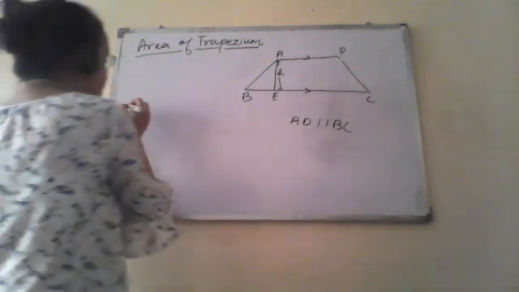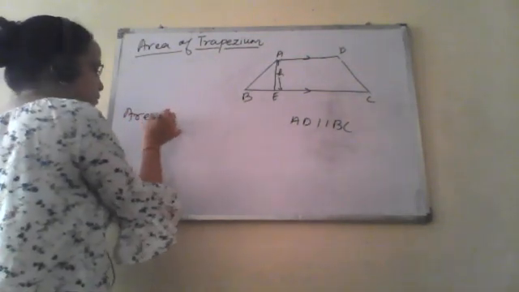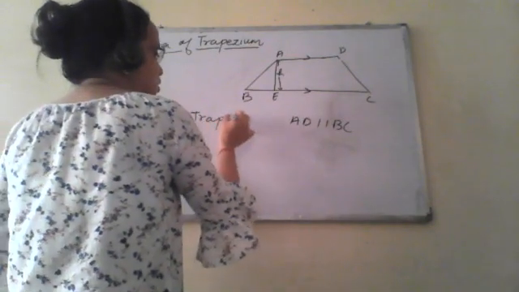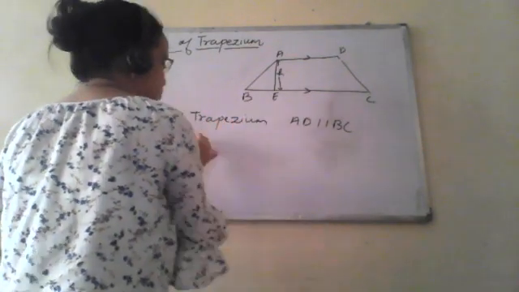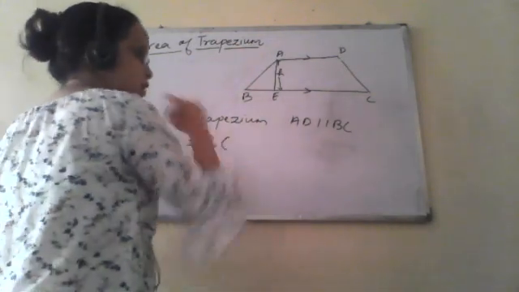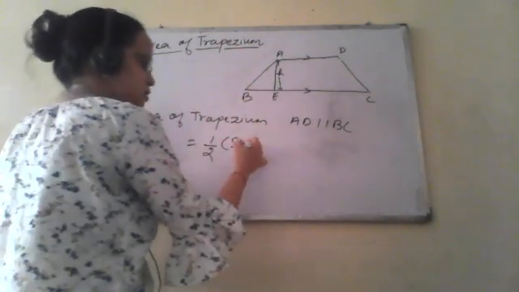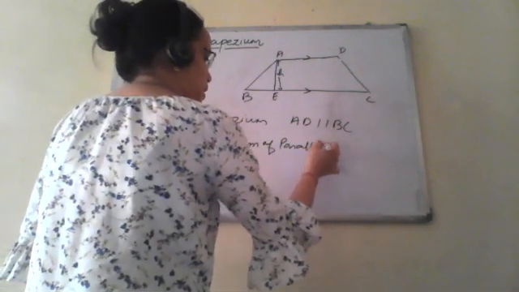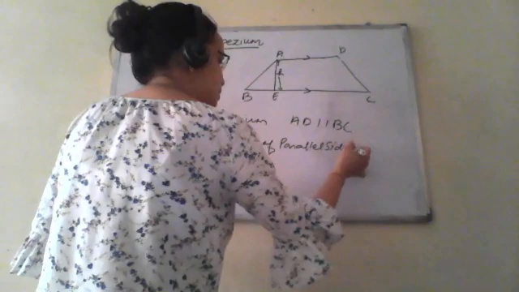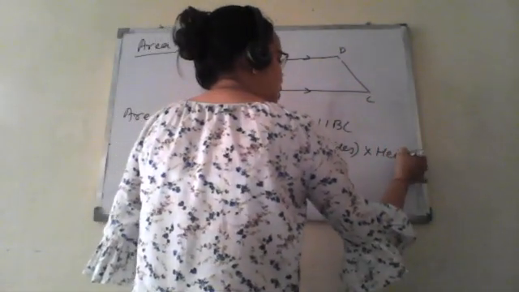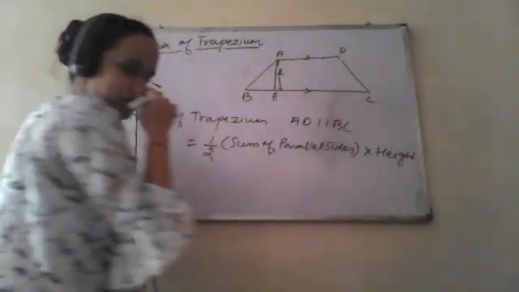So what is the area of trapezium? Area of trapezium will be 1 by 2 sum of parallel sides into height, or the perpendicular distance between parallel sides.